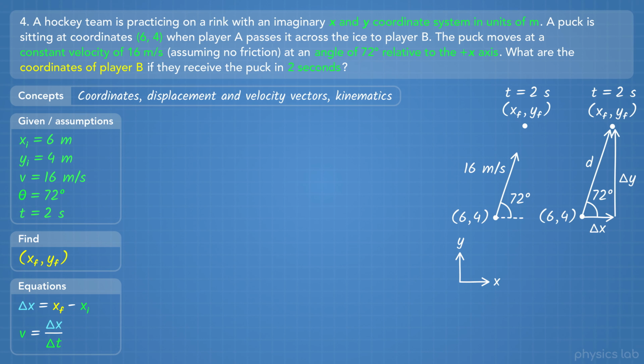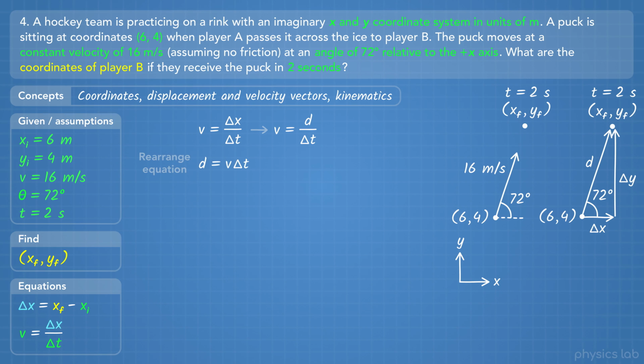Since we're only looking at the motion in a straight line, we can treat it as a linear motion problem. Velocity equals the displacement divided by the period of time. Instead of delta x, let's use d for the magnitude of the displacement in the direction it's moving. So v equals d divided by time.